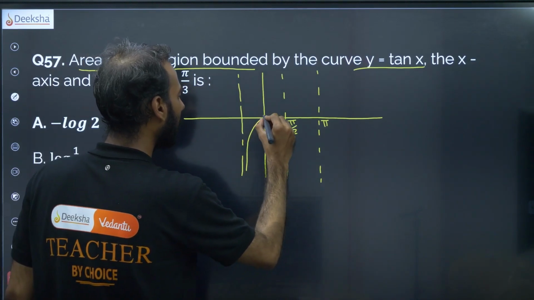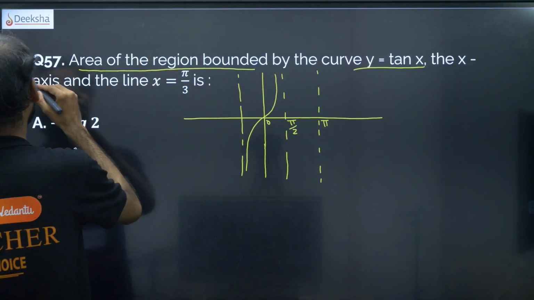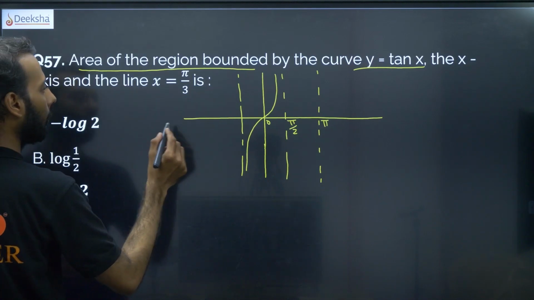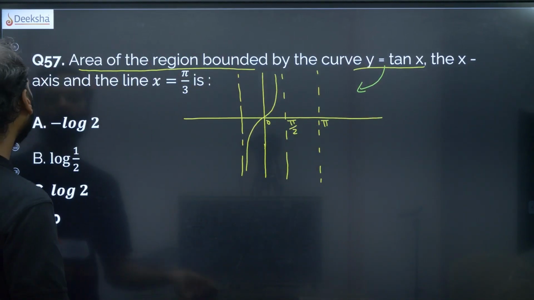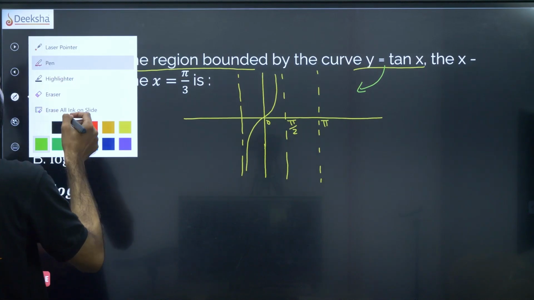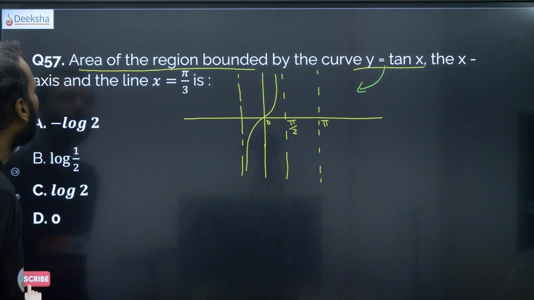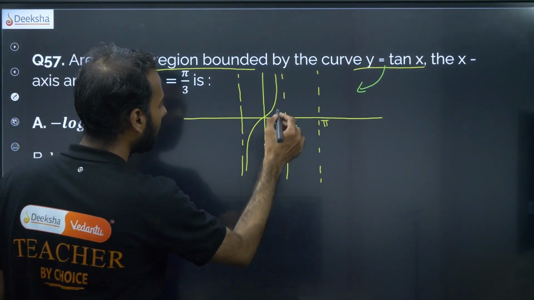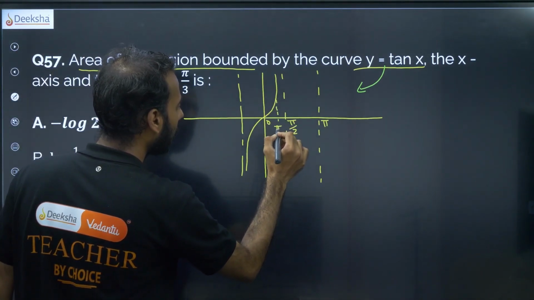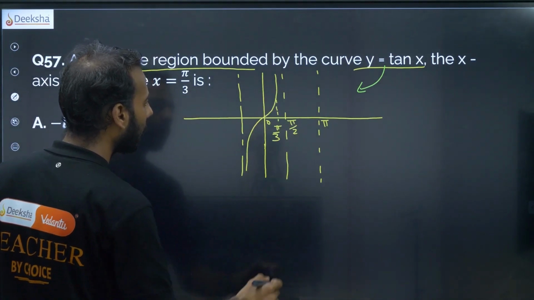The tan x curve is like this. Y is equal to tan x curve is a standard curve. So the curve, then the x axis, then x is equal to pi by 3, from 0 to pi by 3.